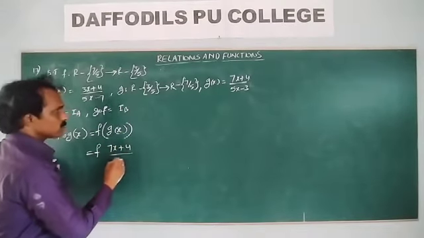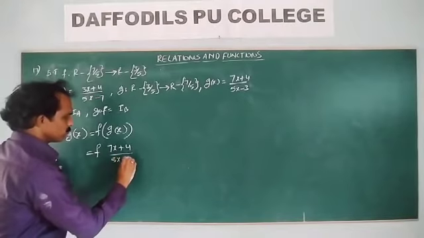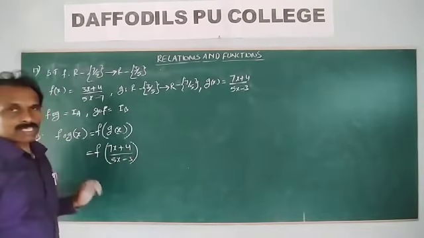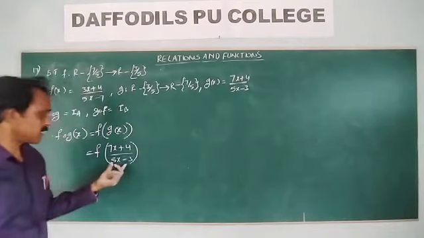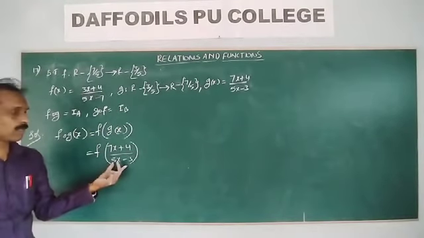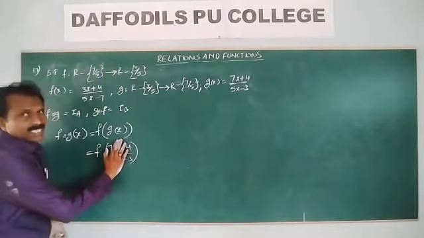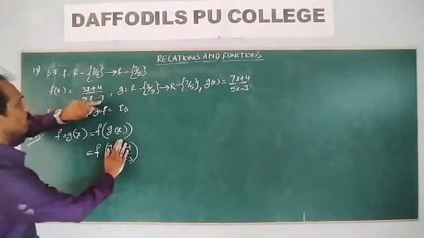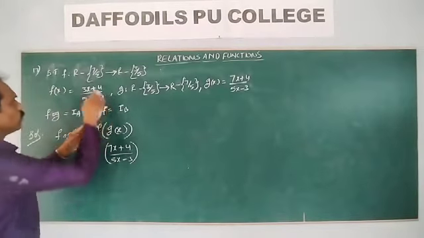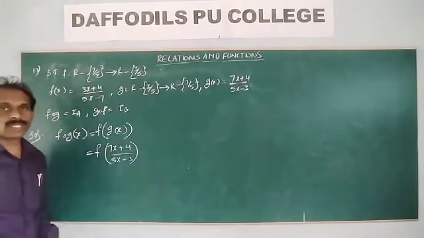In the circle place, take bracket. f of g of x, where g of x is equal to 7x plus 4 divided by 5x minus 3. What is f of x? 3x plus 4 by 5x minus 7. Where x is, substitute this whole value.